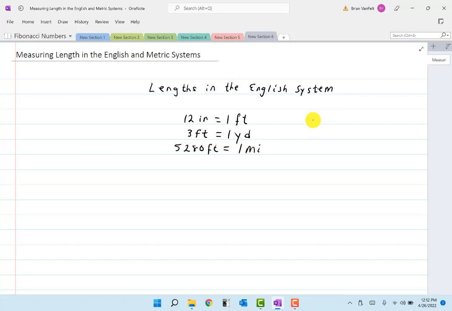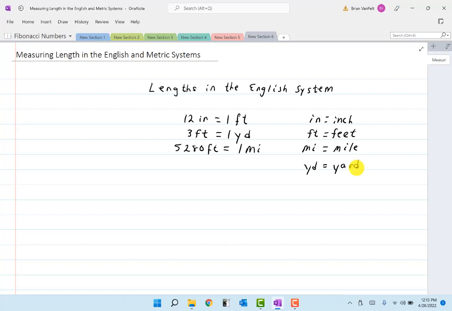So notice what I've used: IN, inch, FT, feet, MI, mile. Then there's yard. YD equals yard.